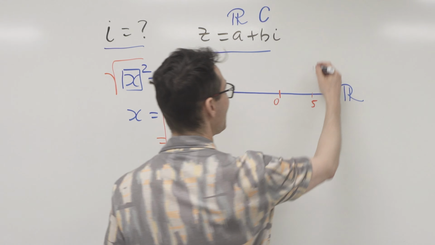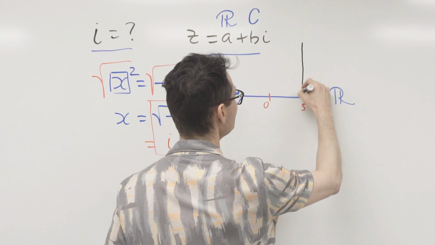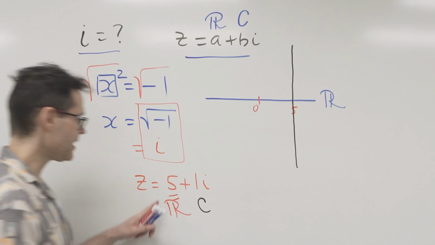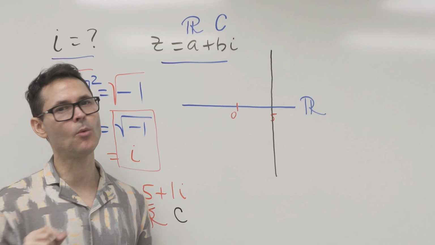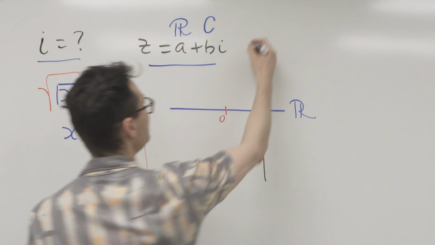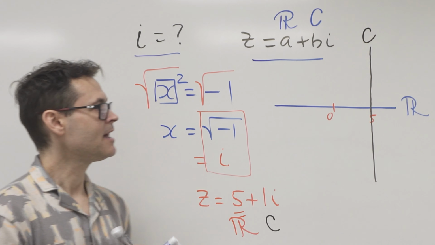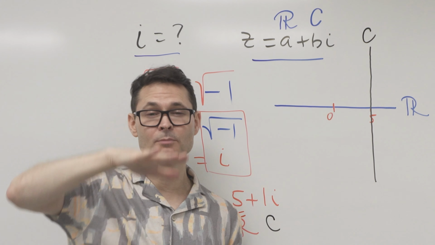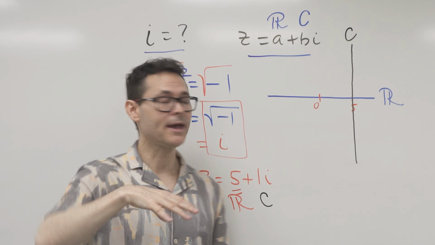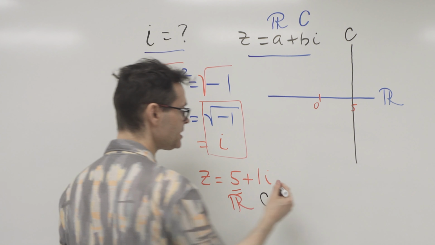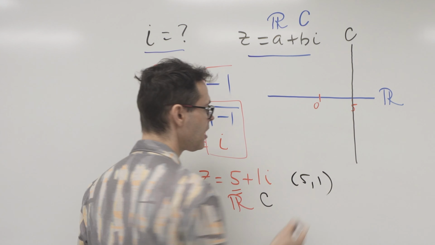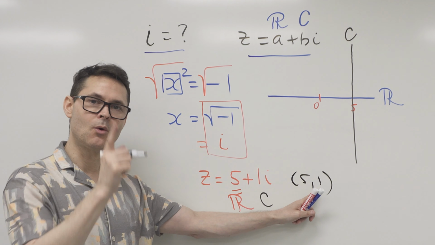So in other words, at this location 5, where x is 5, I can draw a vertical line through it, which is not the y-axis, okay? It's the complex axis. And then I can hover above or below that line, okay? And so in this case, it says go up 1. So that's like using the ordered pair, 5, 1, where 1 says go up 1 unit.